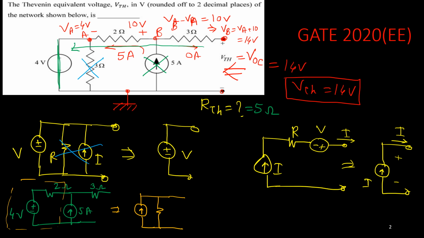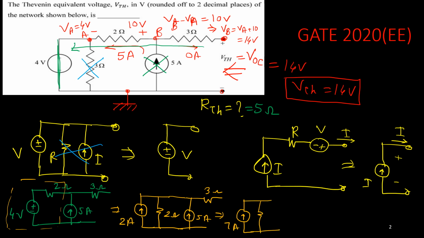The current will be 4 upon 2, means 2 amperes, and this is your 2 ohm. And this is another current source of 5 ampere, and this is your 3 ohm. Now 5 ampere and 2 ampere make a total current source of 7 ampere, connected in parallel with the 2 ohm resistance and the 3 ohm resistance.